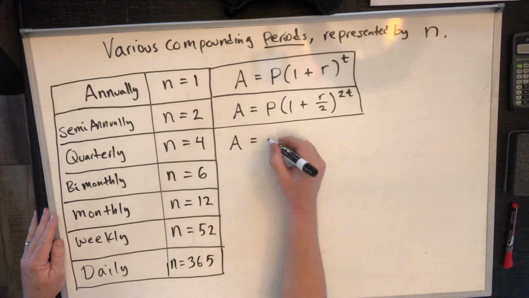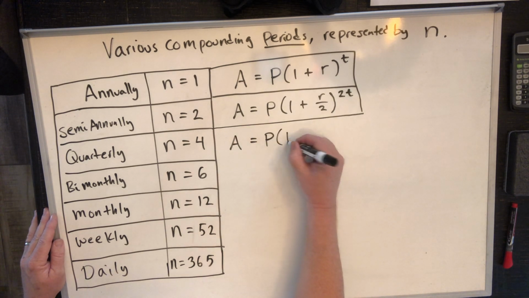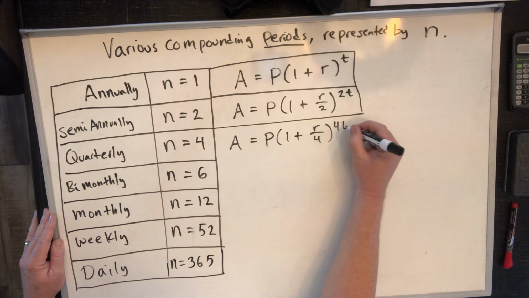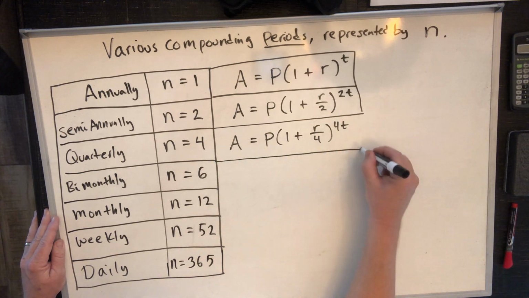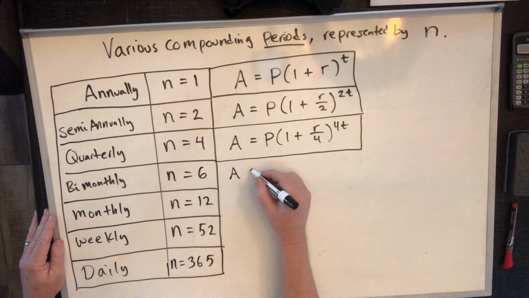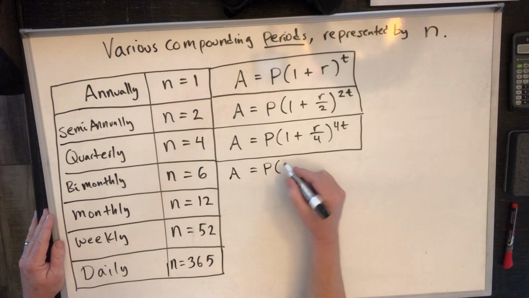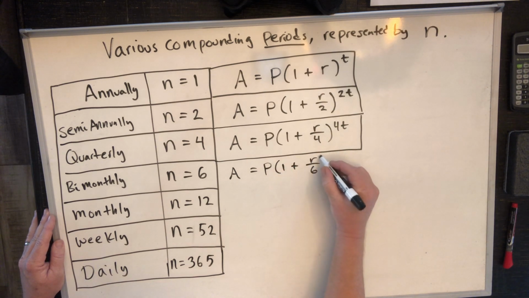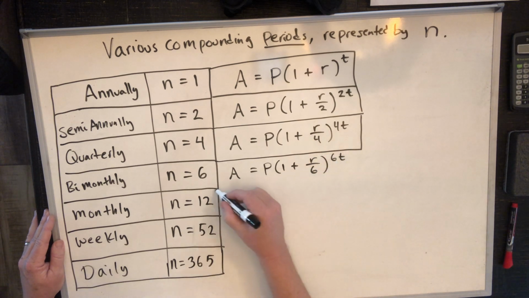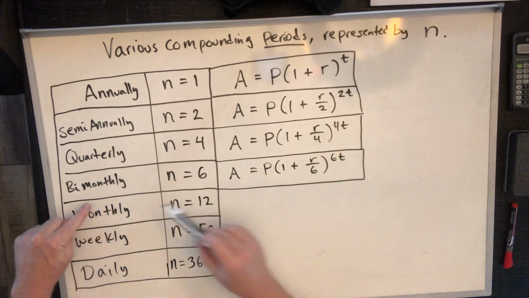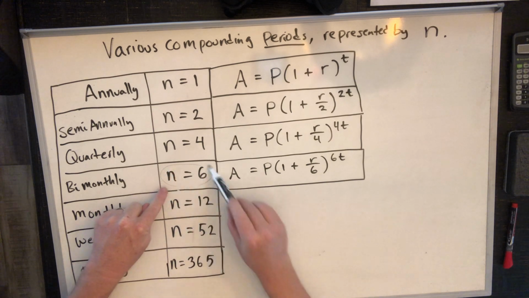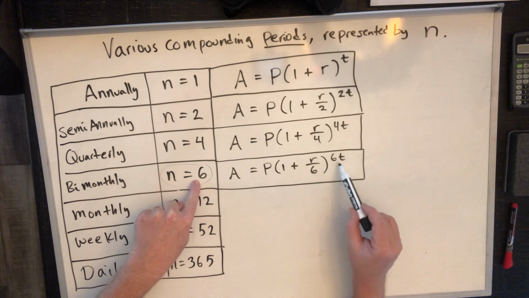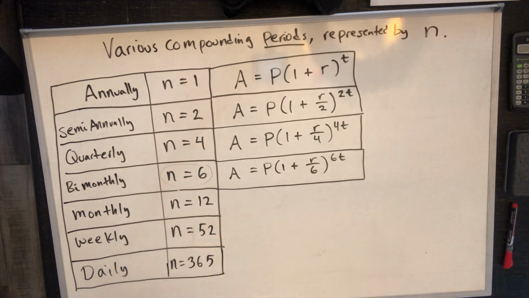For n equals 4, it's 1 plus r over 4 to the 4t. Easily recognize the pattern here after a few of these, and we will come up with a general formula. You see what's happening? For each compounding period, you divide the interest rate by the number of compounding periods, and then you multiply the time times that number of periods.